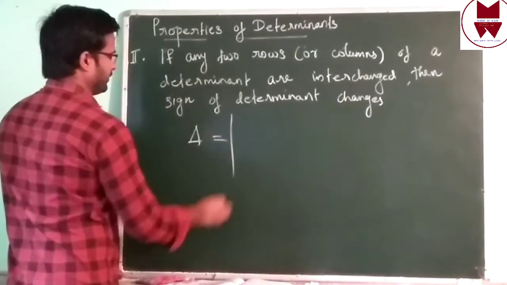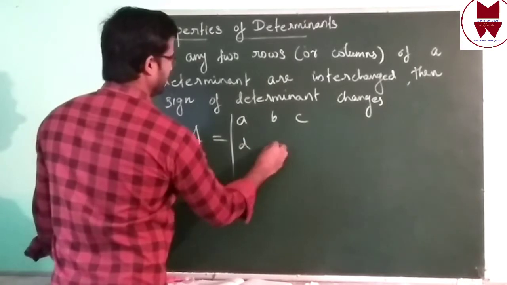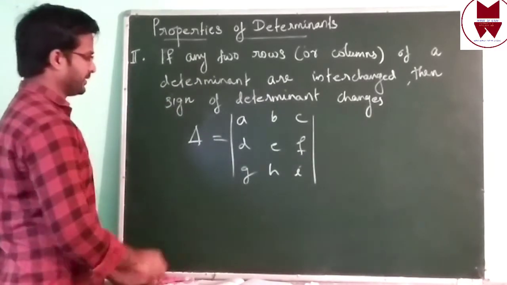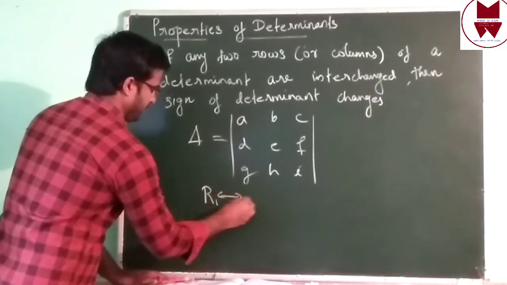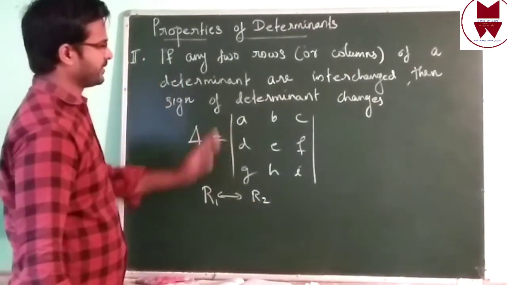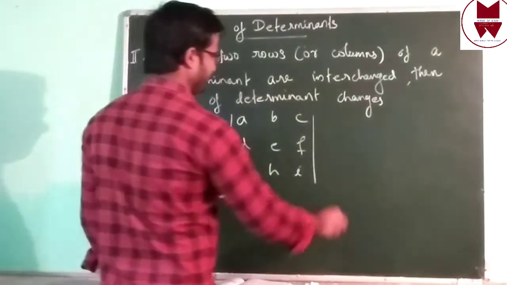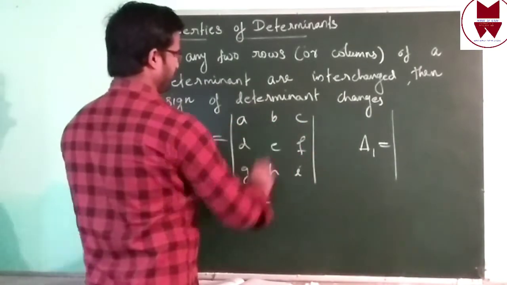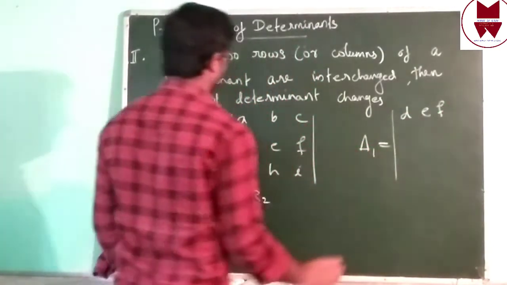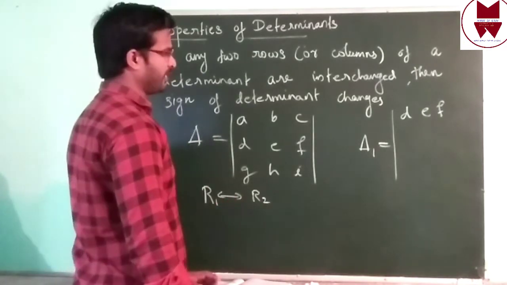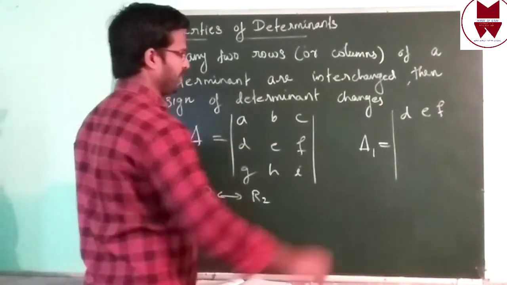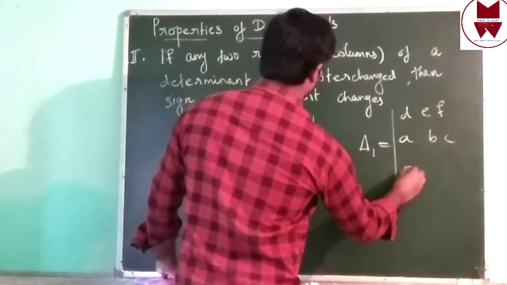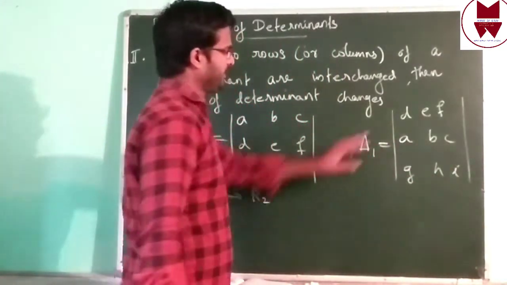Delta, determinant A, B, C, D, E, F, G, H, I. Then I am going to interchange R1 and R2, the first row and second row. That time, delta 1: R1 becomes D, E, F. I interchanged the first and second row, so the second row D, E, F is now the first row, and the first row A, B, C is now the second row, then G, H, I.